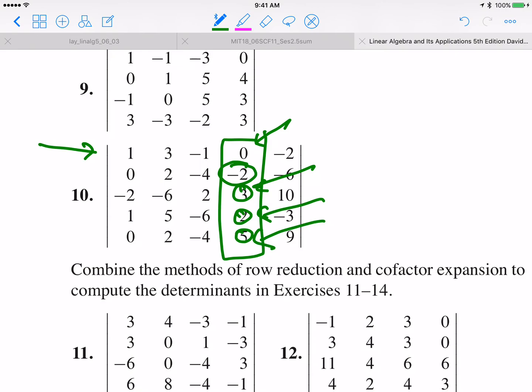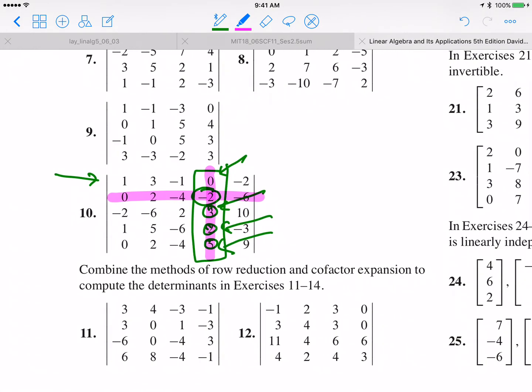Then we use the last formula, removing this row and this column, consider the submatrix, and compute its determinant. That way we reduce the size of the matrix that we have to compute the determinant of, right? So we start with this row and this column, because it has the most zeros.